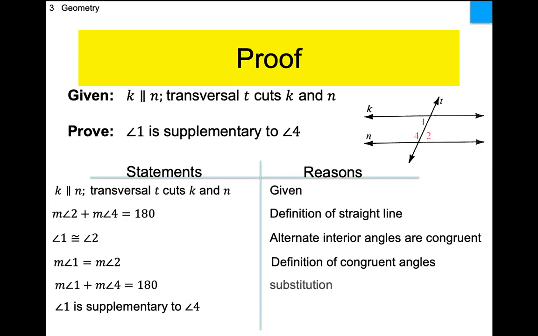We did a substitution right here. So the last step is, how does this turn into this? Because that's the definition of supplementary angles. Two angles that add up to 180, right? So definition of supplementary angles. And we're done. So I call this one an easy hard proof.